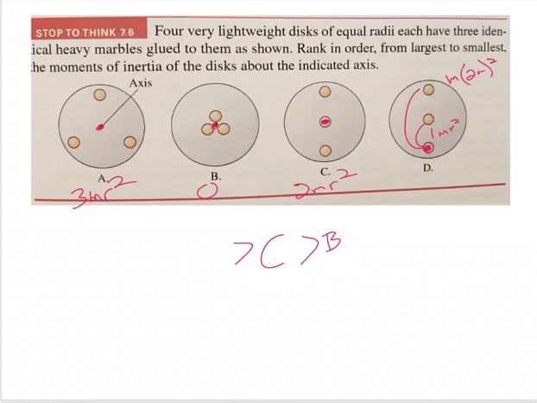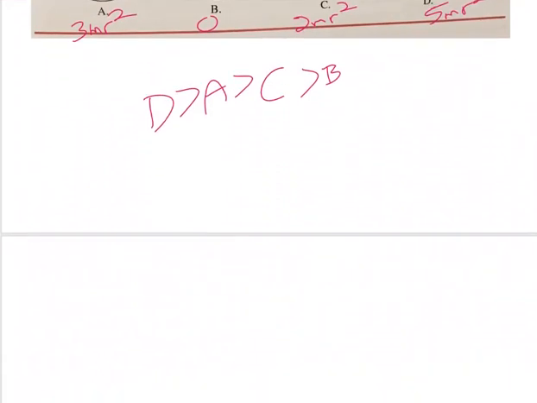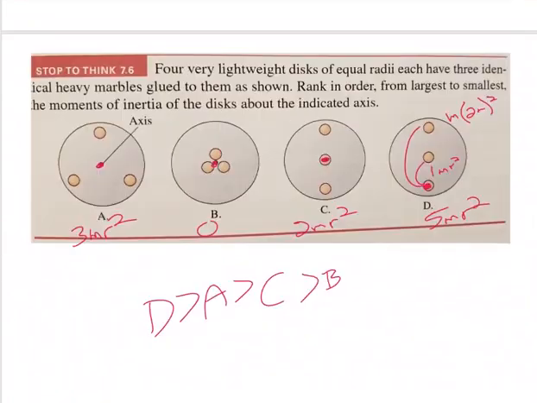When you simplify that, that's 4 mr squared plus 1 mr squared for a total of 5 mr squared. So which one's bigger? D is the biggest. So we have D and then A and then C and then B. That's how that works. This is the first time I've ever gotten these right. Yeah, but math showed how. Okay, and that's it, right? Yep, that one's blank. So we're done.